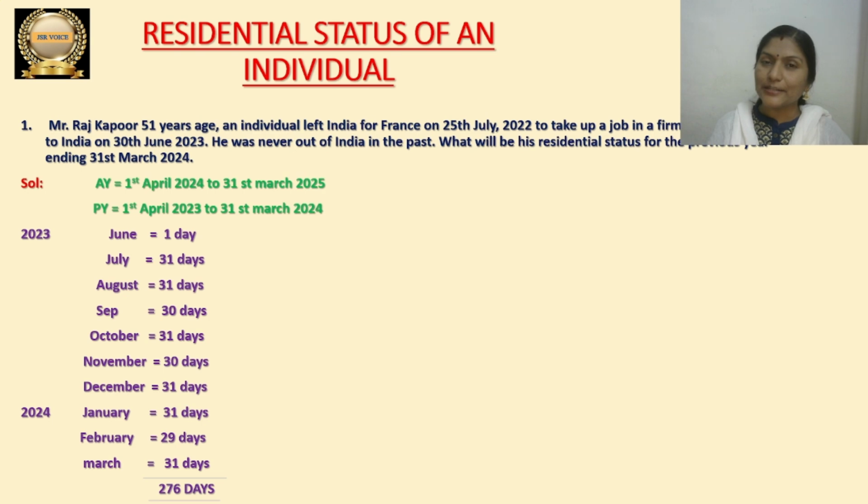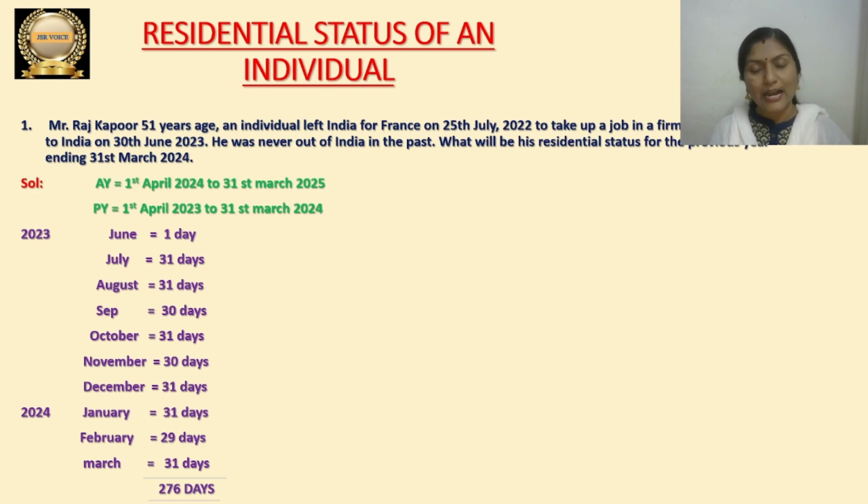After September, next month is October. In October he stayed in India for all 31 days. November has 30 days as per calendar, and he stayed all 30 days in India, so November is 30 days.